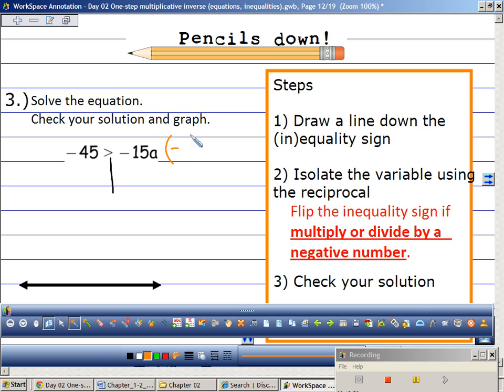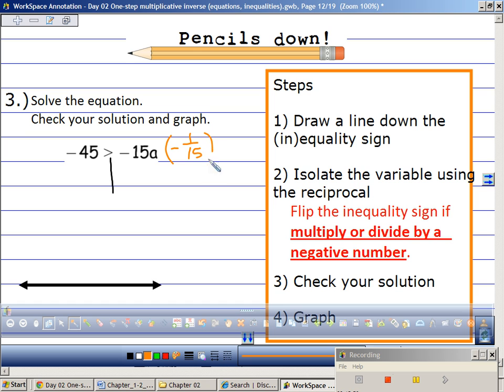Okay, multiply by negative 1 over 15. When I do that, the negatives cancel. Okay, what did I forget to do? I just went on the other side of the inequality sign. I need to change the sign, right? So I need to change it to less than.